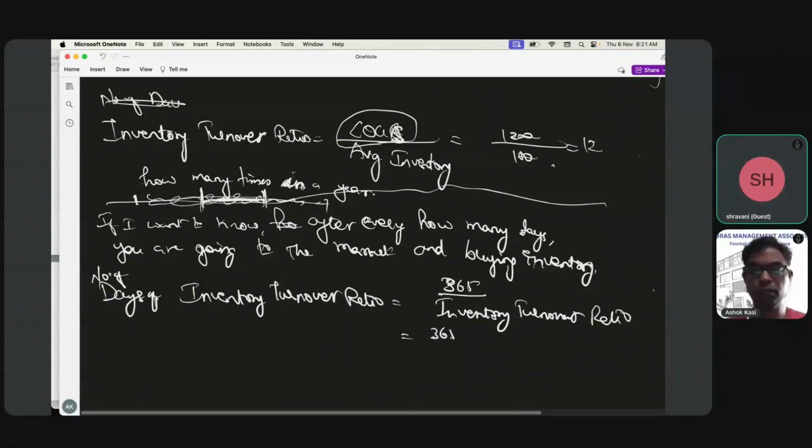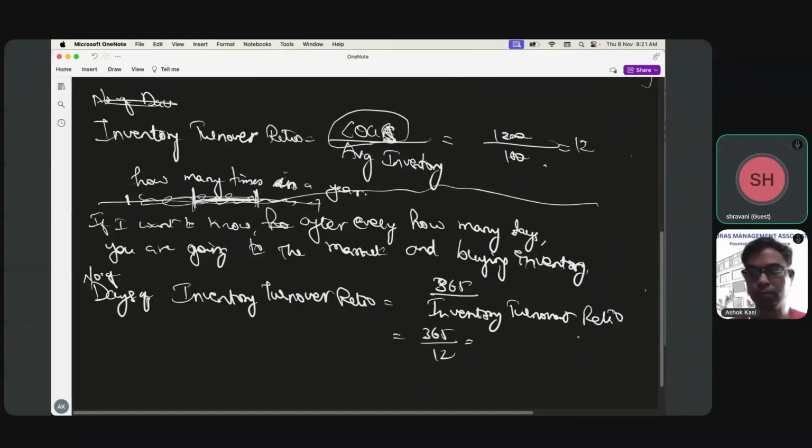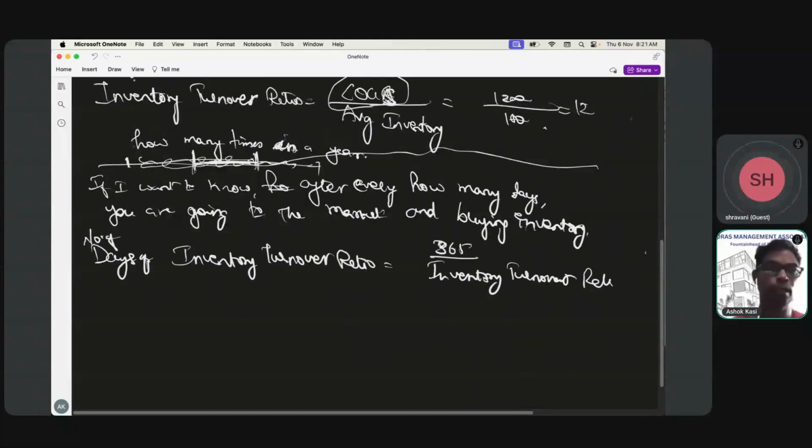So 365 divided by inventory turnover ratio is 12. So just calculate this. 30.4. So that means after every 30.4 days, you are going to the market. That's why it is 12 times in a year. 12 times in a year means after every 30 days. No? So once in a month, you are going to the market. Okay.